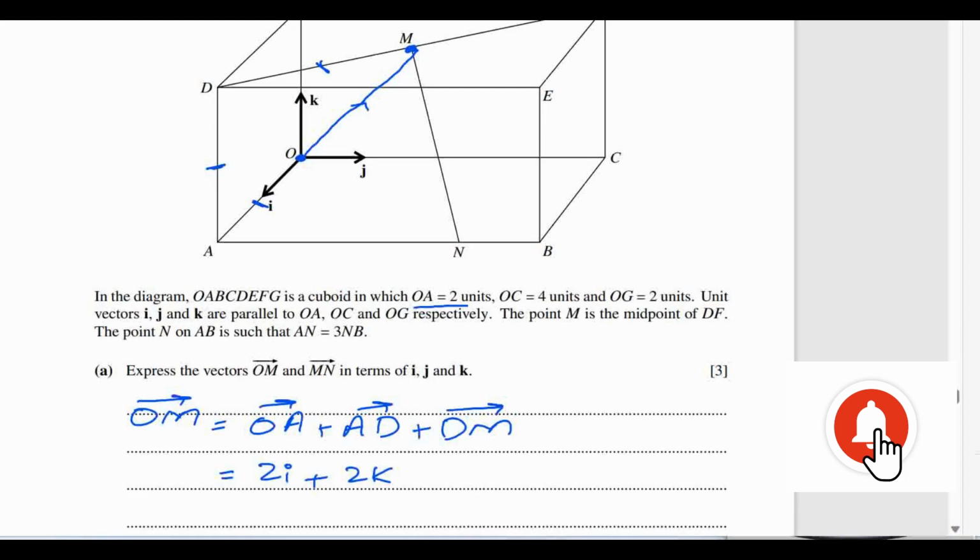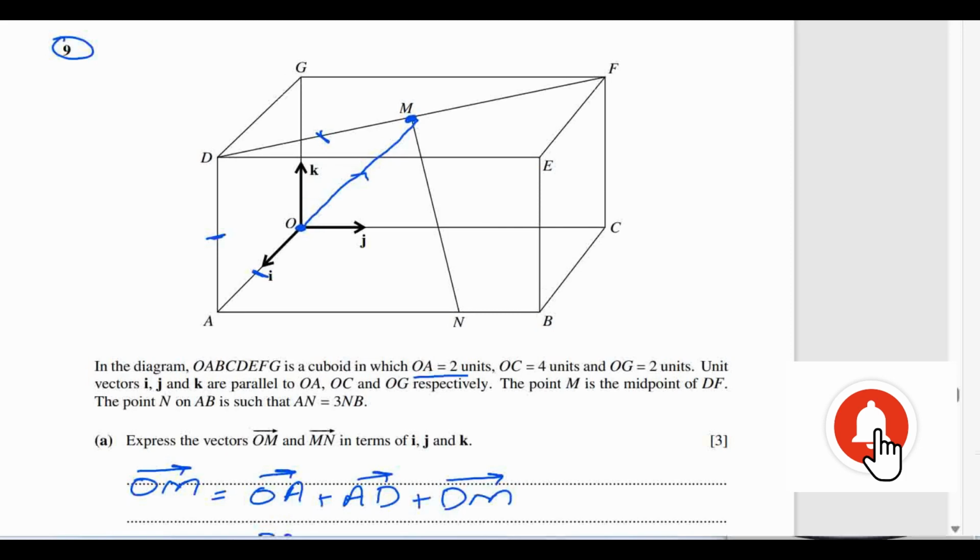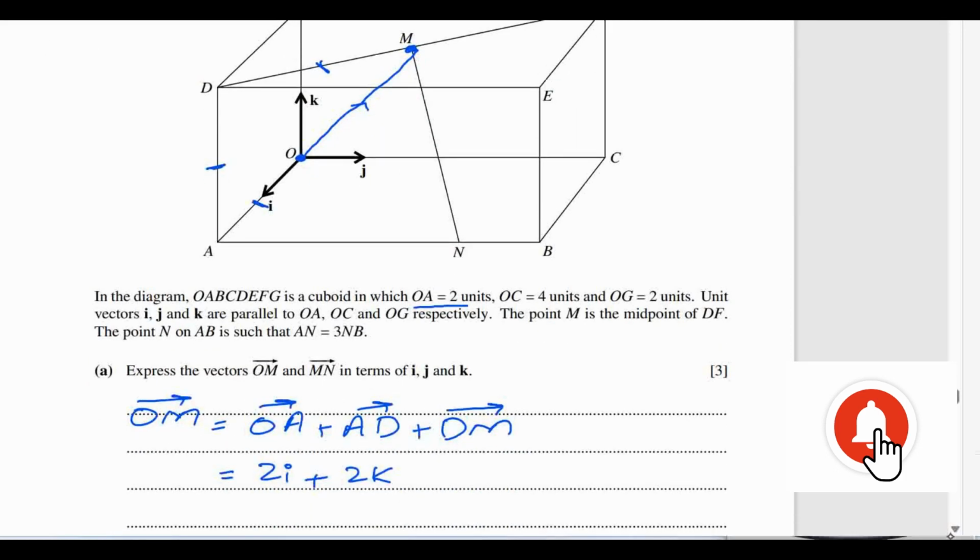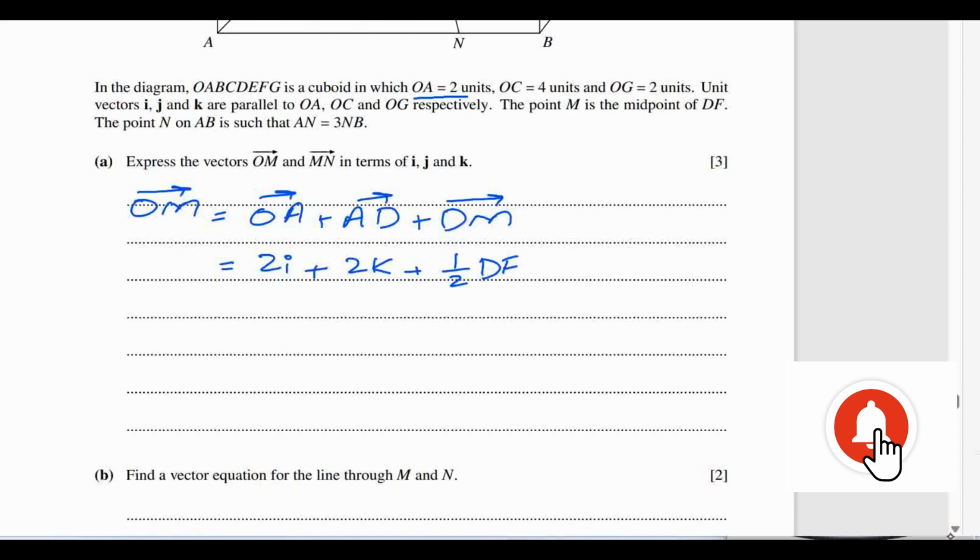M is the midpoint of DF, which means DM is equal to half of DF. I hope this is clear. So further we can write it as 2I plus 2K plus half DF.